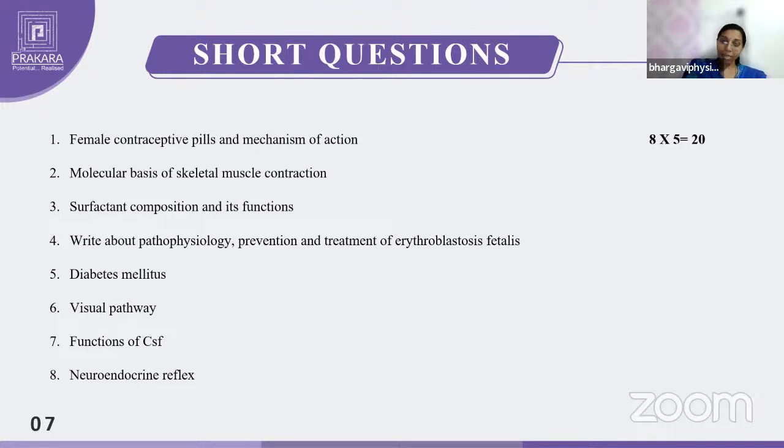Okay, so either the production of the posterior pituitary hormones, oxytocin and vasopressin, you can say, or else you can explain the milk ejection reflex. When the stimulus comes from the hypothalamus to the posterior pituitary gland, oxytocin is going to be released.